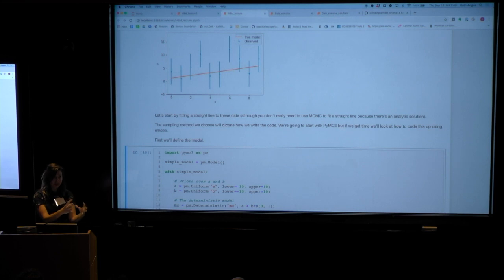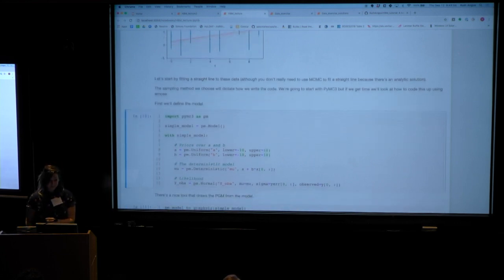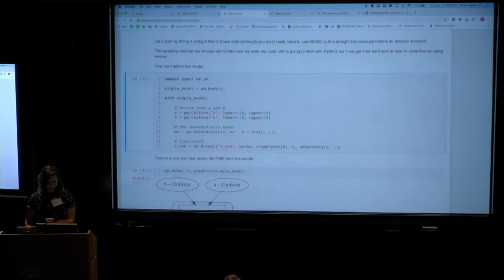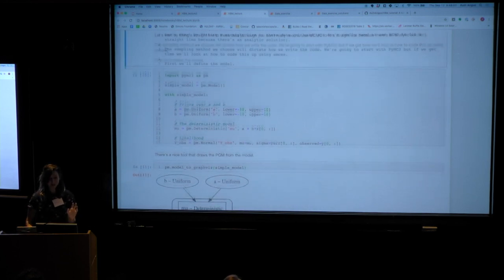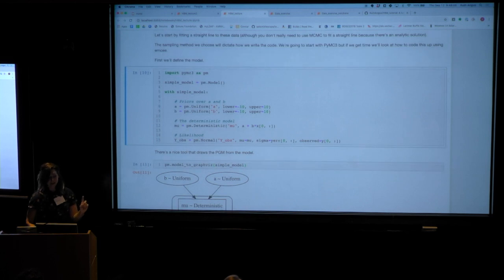So the way that I would start if I was coding this up is I would start by just fitting one line to one data set. Okay, so we're going to do PyMC3. As I said, I have only just started using PyMC3 for this tutorial.